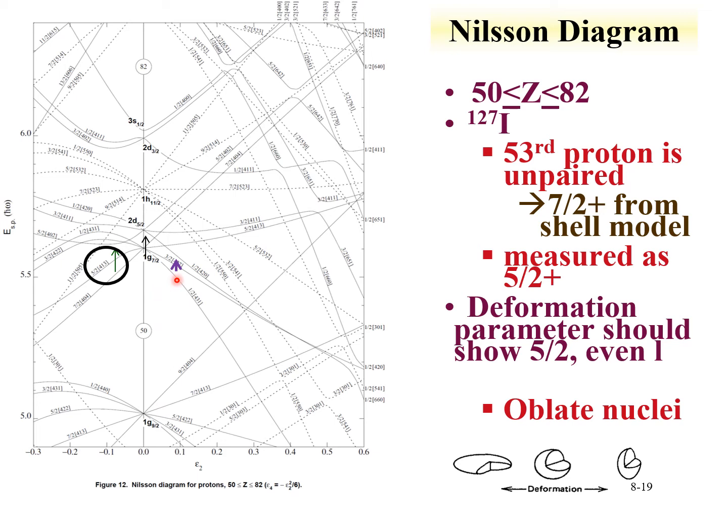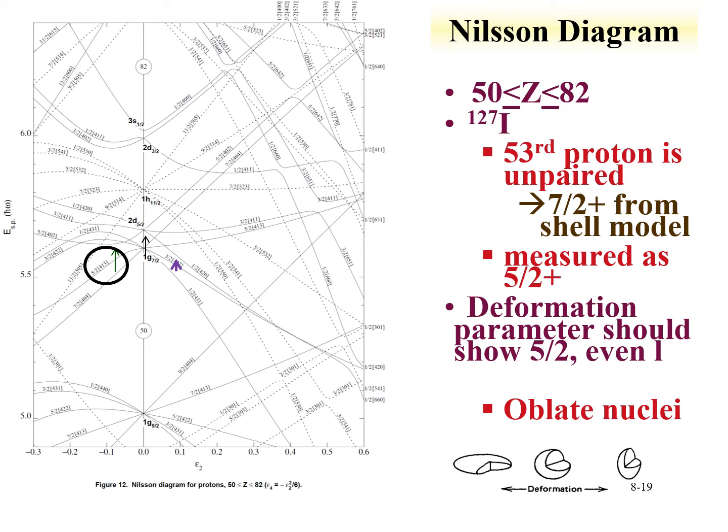51, 52, 53 here. We actually see that for the oblate nuclei, it would be in this 5/2 shell. 50 would be here. 51, 52 would be in the 7/2. 53 would be in the 5/2 shell. We see that the spin and parity of iodine-127 is 5/2 plus.